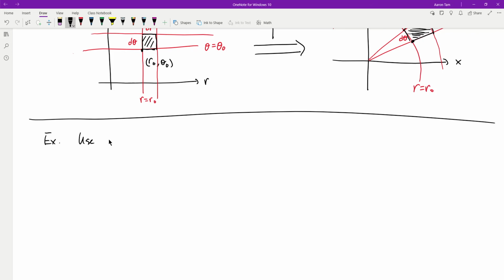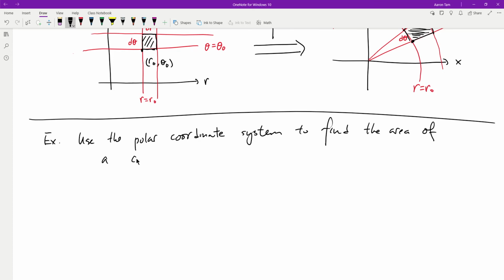We're going to use the polar coordinate system to find the area of a quarter circle, and technically any quarter circle would do, but I'm going to just say in quadrant 1 just to make the quarter circle easier to do, with a radius, I don't know, capital R. You know what?